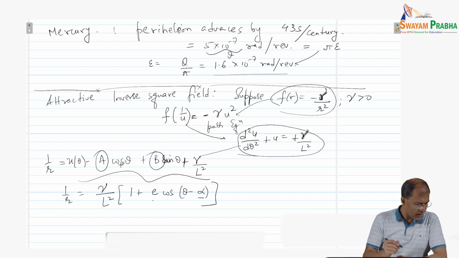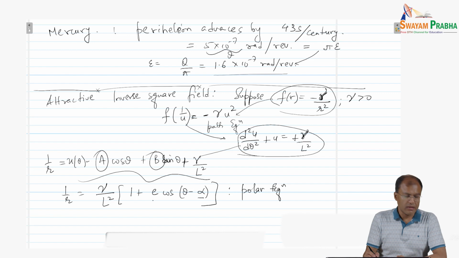So this is my polar path equation, the polar equation of a conic.